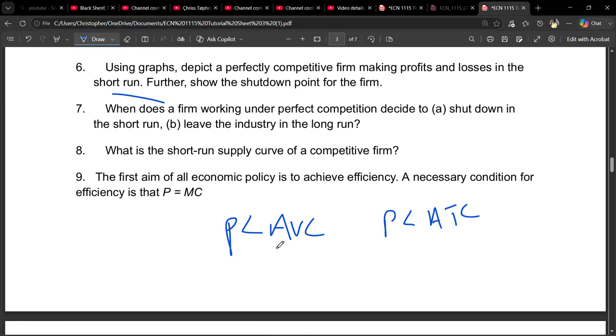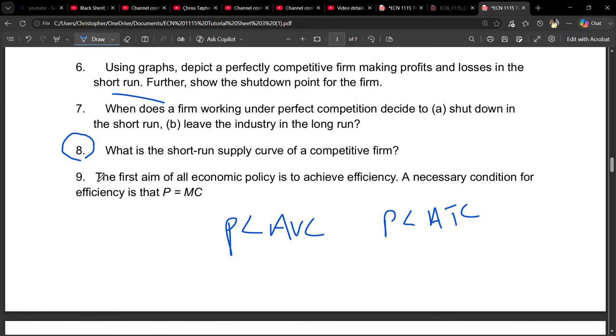Okay, so that is how you can explain question 7. You can as well use the graphs we've been explaining, the other graphs that I explained on question 3.